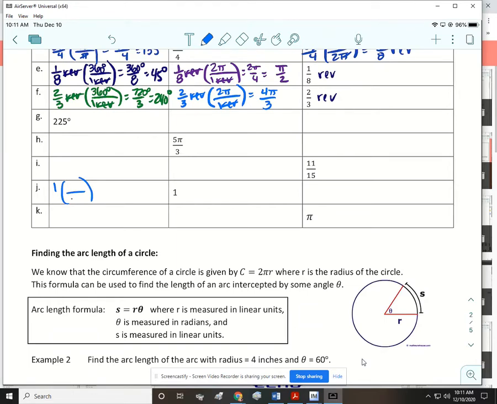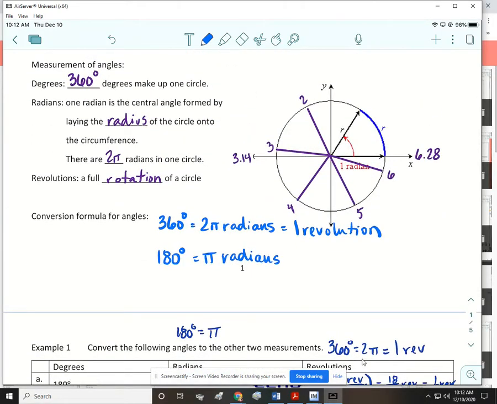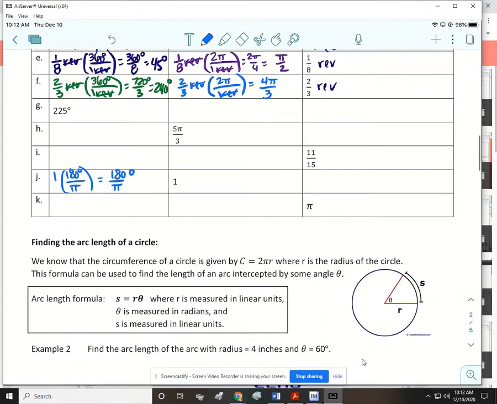We want to cancel radians, so pi radians in the denominator, 180 degrees in the numerator. We multiply that by 1, we get 180 over pi degrees, which is weird, but that is what it is. There was no pi to cancel out. You don't have to have pi to have radians, because remember at the beginning, we know what 1 radian looks like. 1 radian is right there. So we're figuring out what that is in degrees.